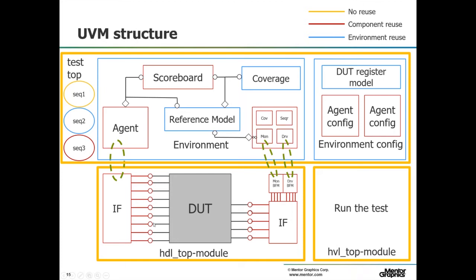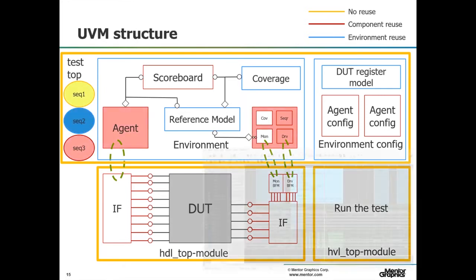We turn that into bit wiggles to the device, monitor the bit wiggles from the device, turn that back into transactions, send that back up to our agent. Our agent will have a monitor. It will probably have a sequencer and a driver. So a sequencer creates a sequence of transactions. The driver sends those down here to the interface, which sends those to the device. The monitor monitors bit wiggles, sends that back. We have scoreboards. We have all these pieces.